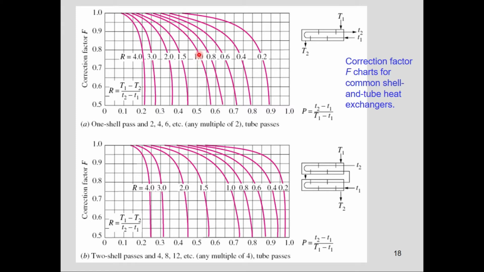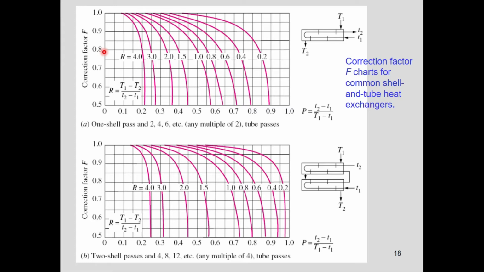When this vertical line intersects the curve at R equal to 1, you put a point over here, and then you draw a horizontal line, and ultimately on the y-axis you get the value of the correction factor, which will be equal to 0.8.